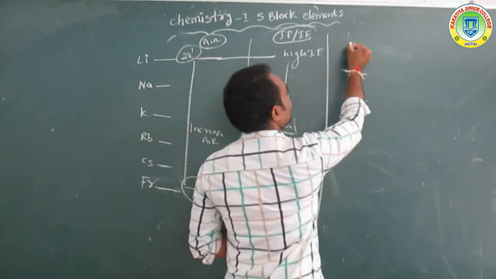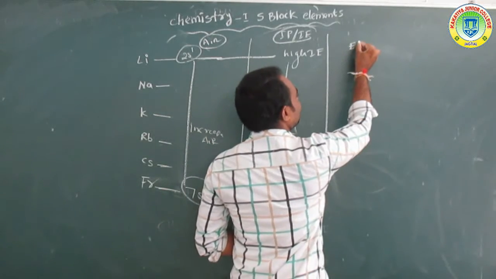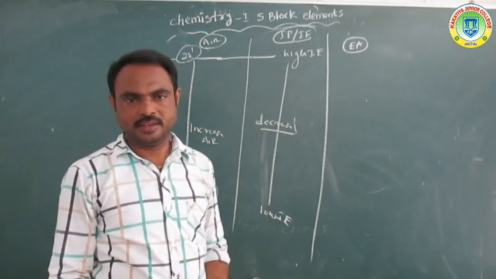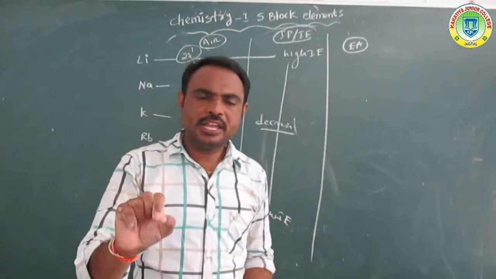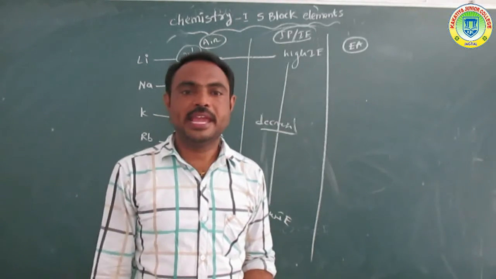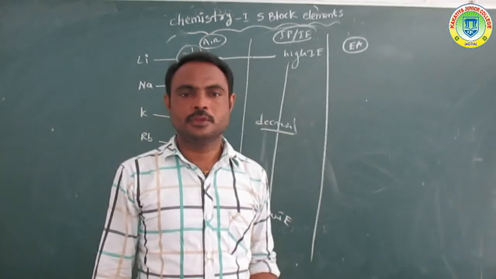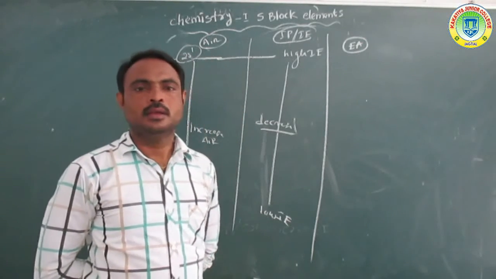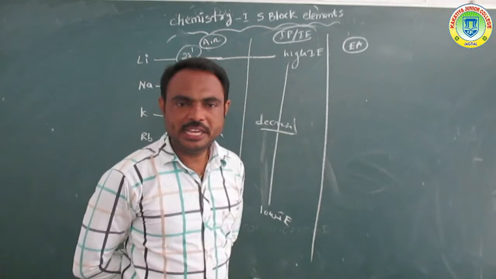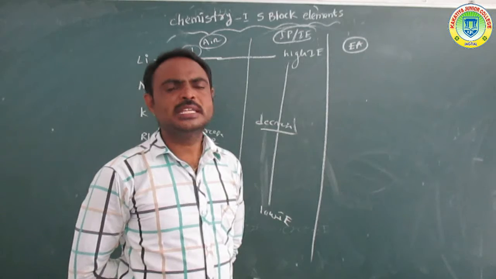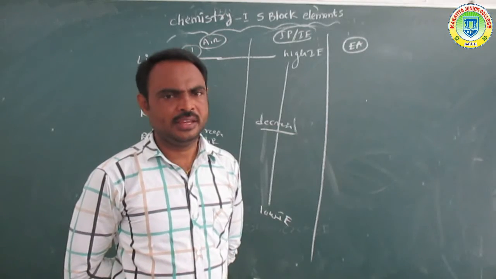third one, electron affinity. Electron affinity is also called electron gain enthalpy. This electron affinity is indicated with EA. What is the meaning of electron affinity?